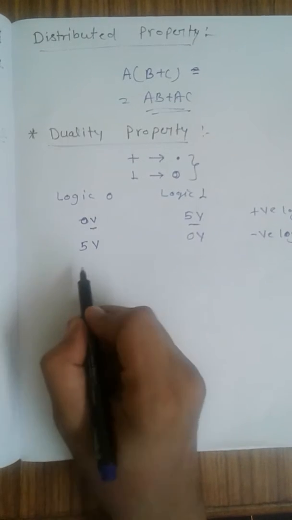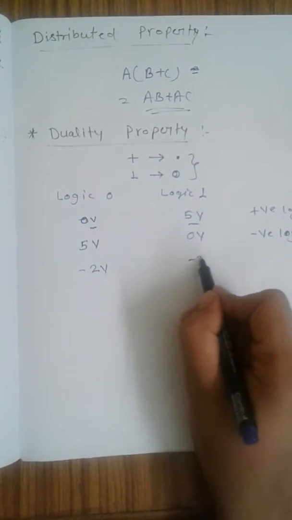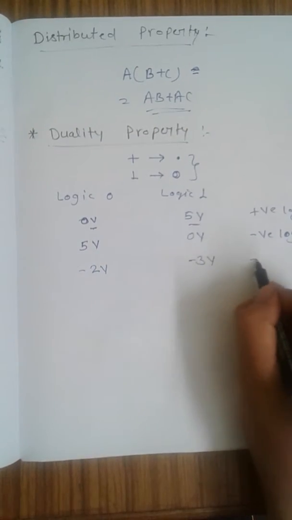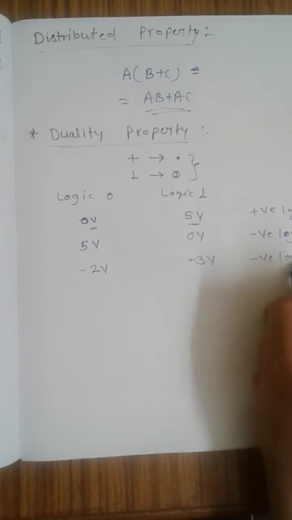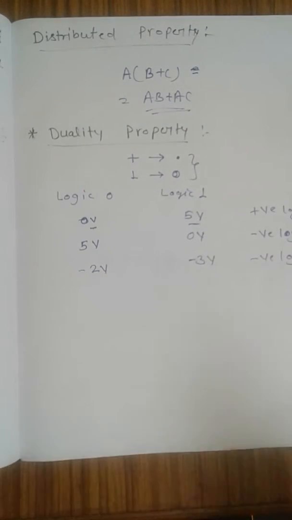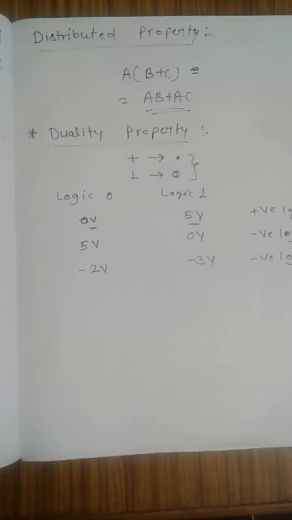Or we can say minus 2 volt for this one and minus 3 volt for this one, so this is more negative, then this will be negative logic. And vice versa. So if 1 is more positive than 0, it is called positive logic; otherwise it is called negative logic.